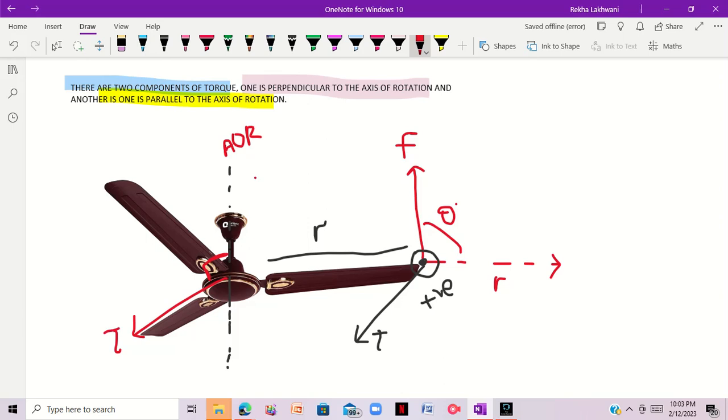We know that the component of force we have applied is in a vertical direction, so here the torque will not be produced.